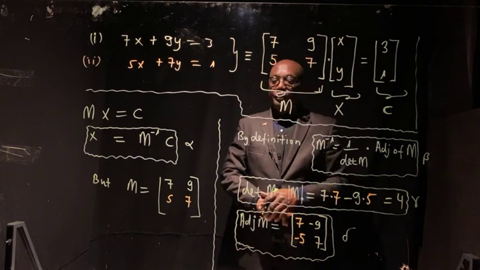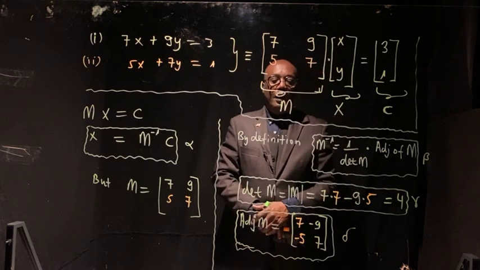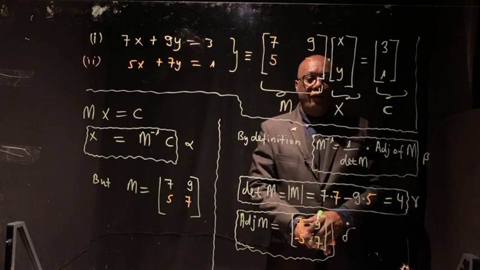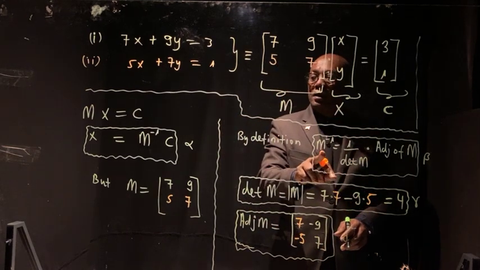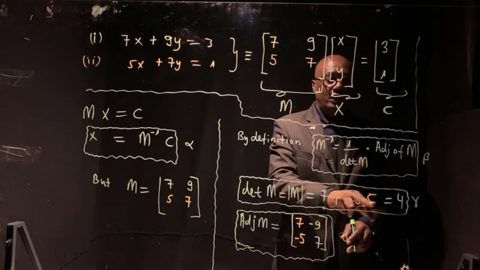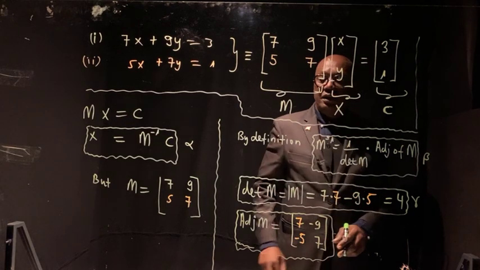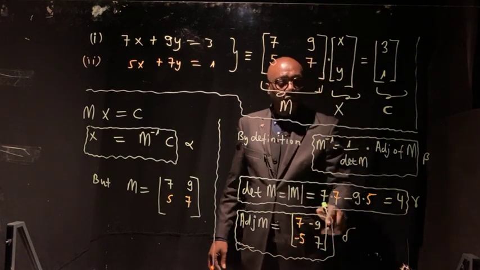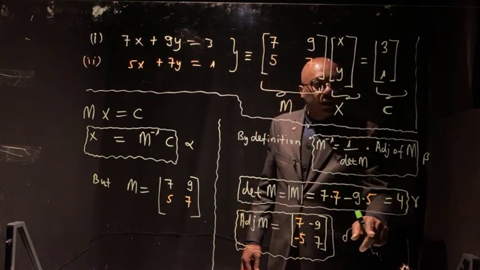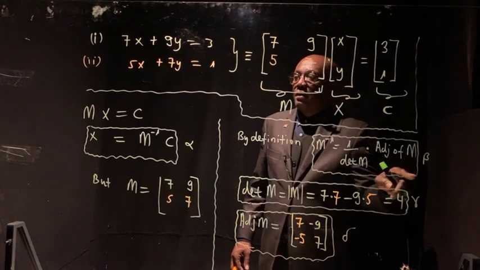Now you can see that you have the inverse matrix, you have the determinant, which is 4, and you have the adjoint, which is this. So we are going to put equation delta and equation gamma back into equation beta.